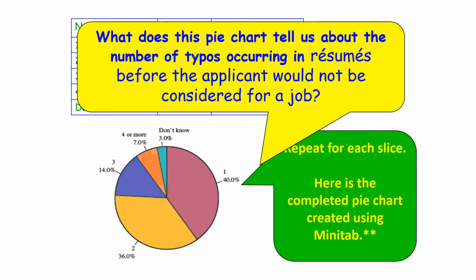We also know that if we were to add the one typo and the two typos together, that would make up 76% of the employers who were questioned after two typos would stop considering that applicant for the job.